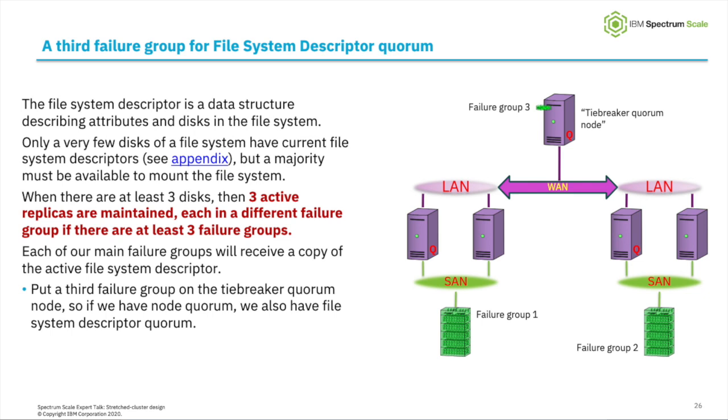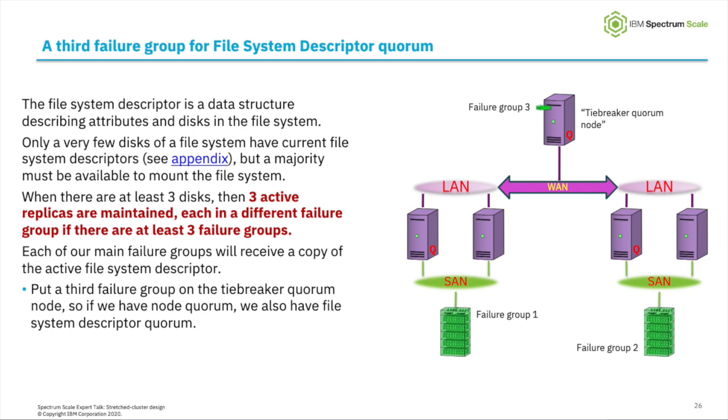When Spectrum Scale attempts to mount or use a file system, it does require a majority of the active file system descriptors to be active. That notion is reminiscent of quorum, so we call this maintaining file system descriptor quorum.